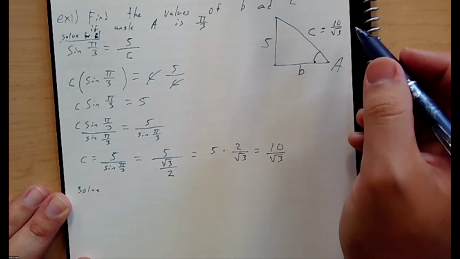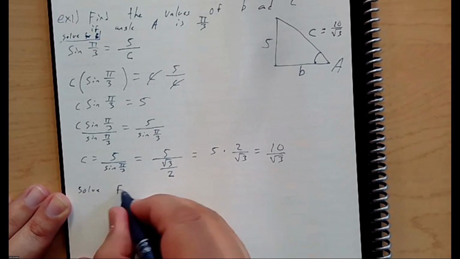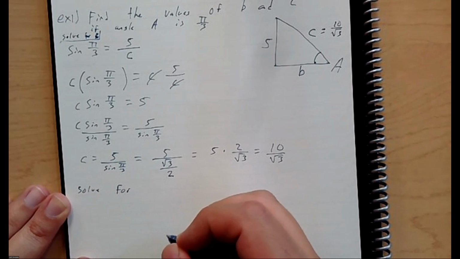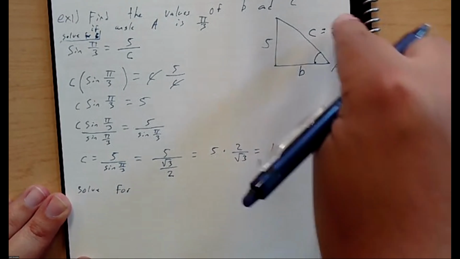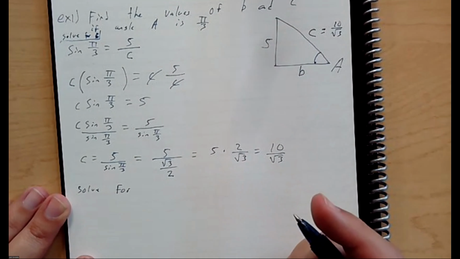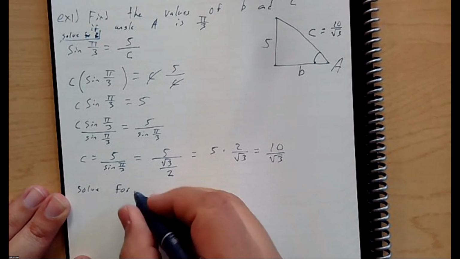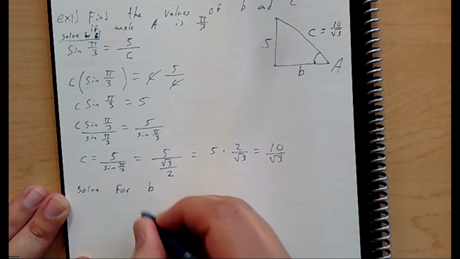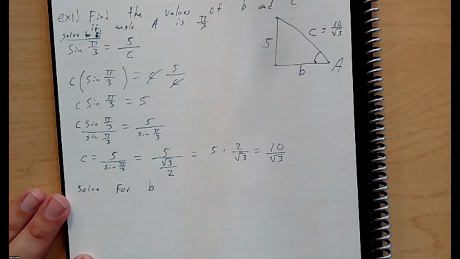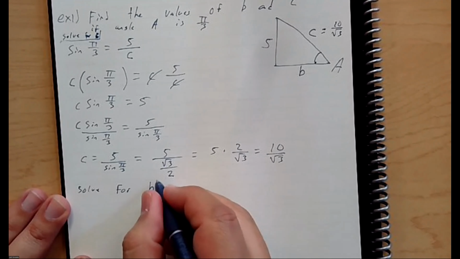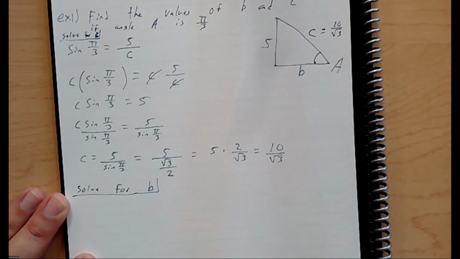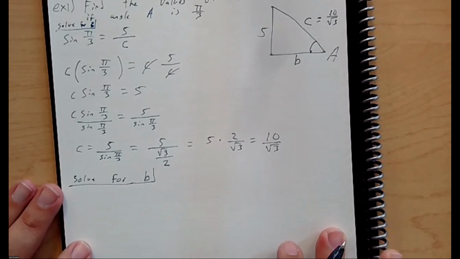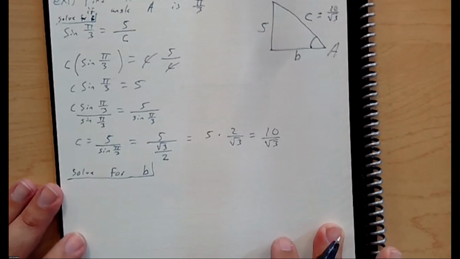Now that we have C, you could do that. You could do Pythagorean theorem now that you have 2 parts, if you wanted to. But just for the practice of using the trig functions, I'm gonna not do that. But you can. And I don't mind if you do.